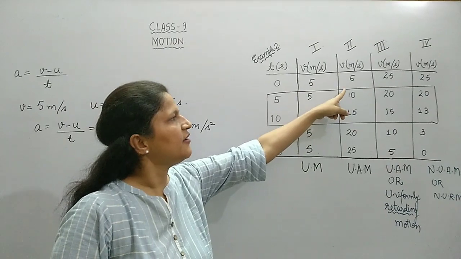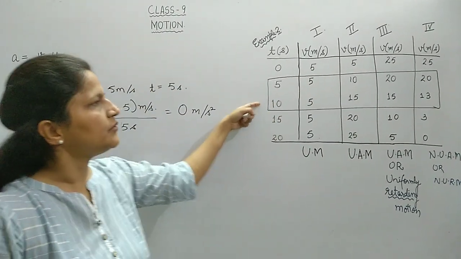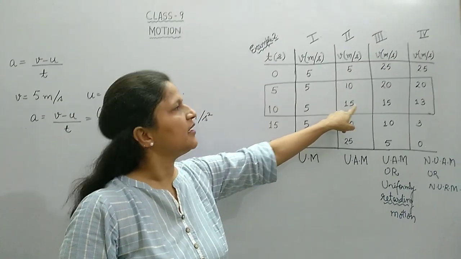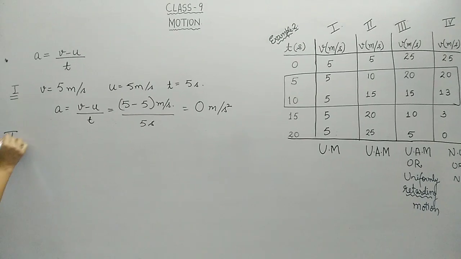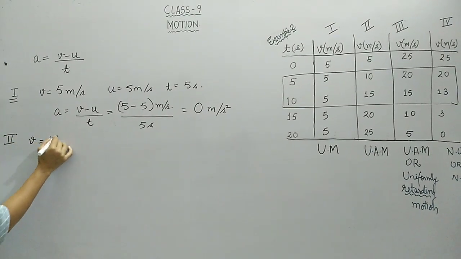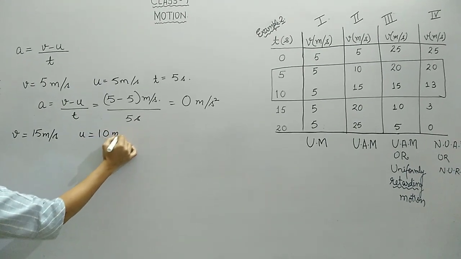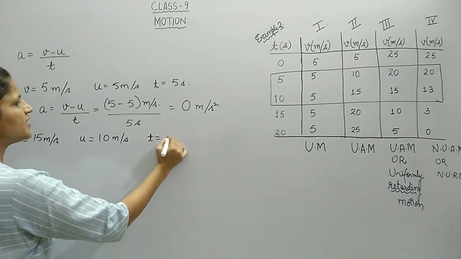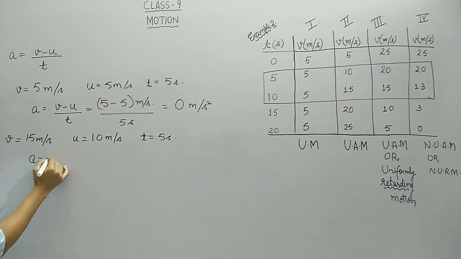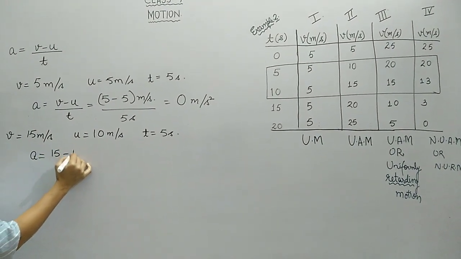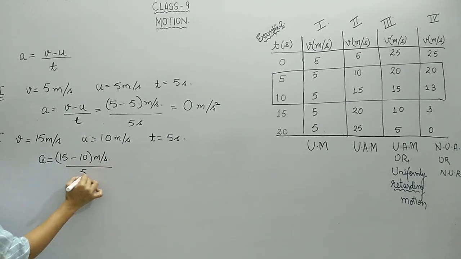Let us look at the second object. For the second object, the later value is the final value, so final velocity is 15 and initial velocity is 10. In the second case, final velocity is 15 m/s, initial velocity is 10 m/s, and the time interval is 5 seconds. So the acceleration will be 15 minus 10, both values in meter per second, and time is 5 seconds.